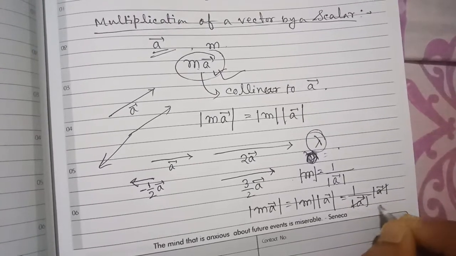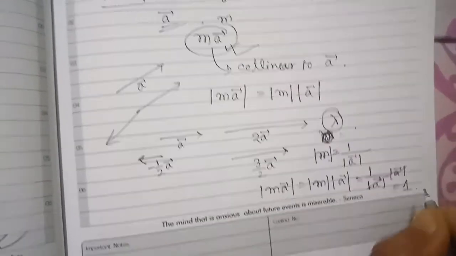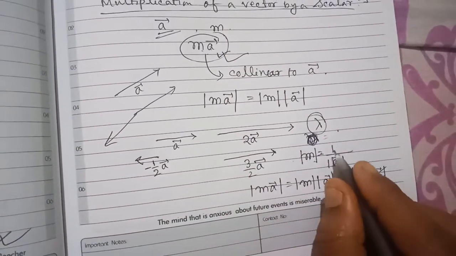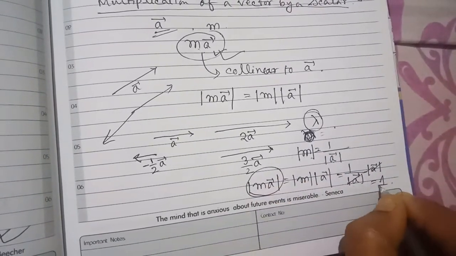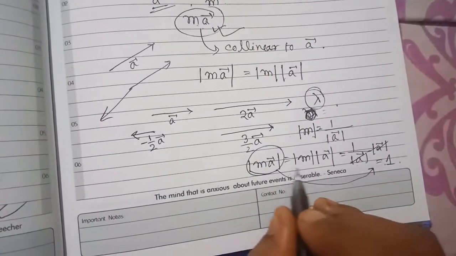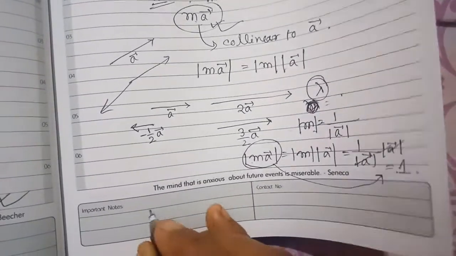So this will be cancelled out, we are getting ultimately 1, right? That means if m's value is 1 by mod A vector, then its magnitude is 1.